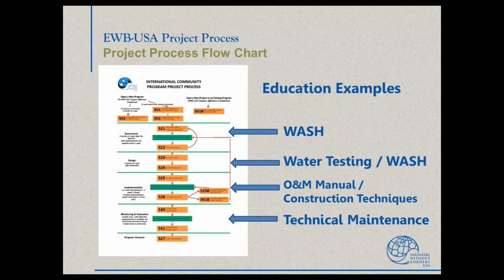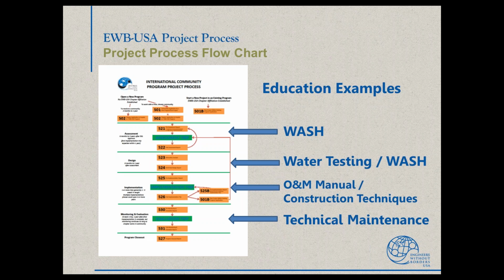So during the assessment trip, I see a lot of chapters doing water and sanitation and hygiene education. Also, I see chapters teaching community members how to do water quantity testing, water quality testing, and that continues into the design. During the implementation, we talked about the O&M manual.